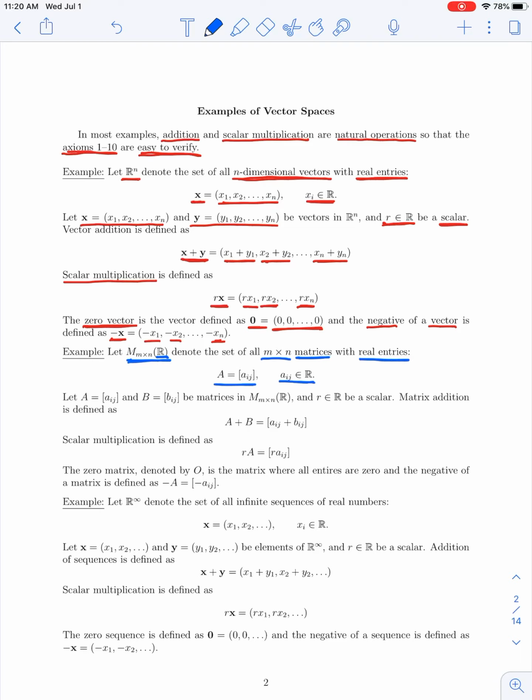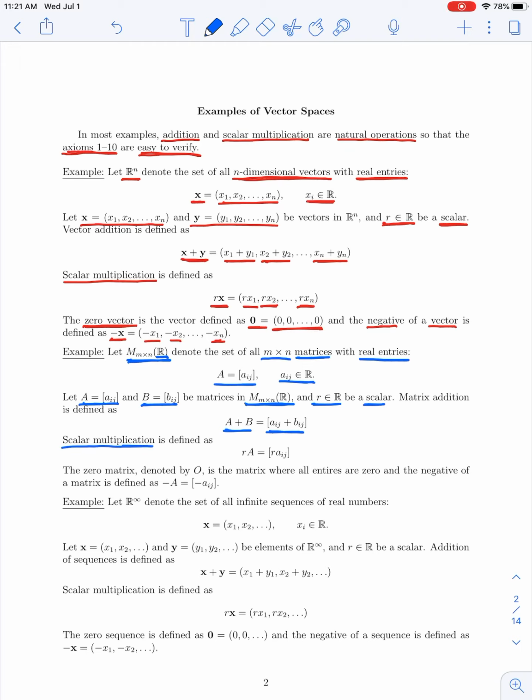And we can define addition on this set in the standard way. If A and B are two m by n matrices with real entries, and r is some real-valued scalar, then the sum of two matrices, A plus B, is the matrix whose ijth entry is the sum of the ij entries of A and B respectively.